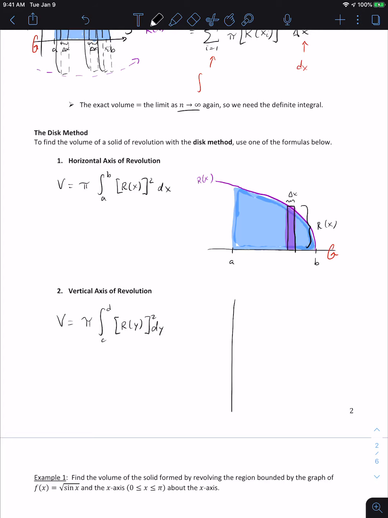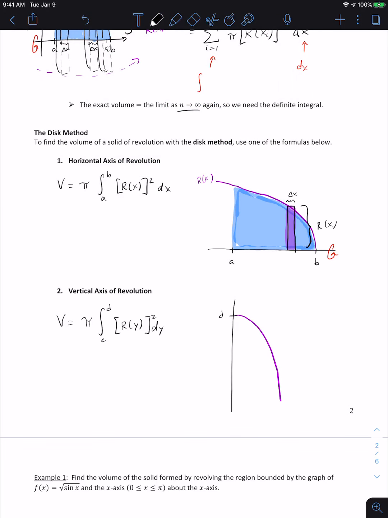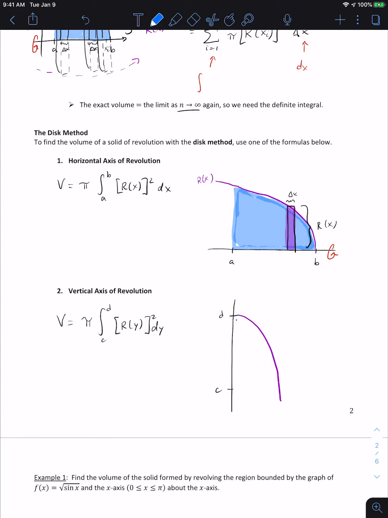Here's our axis of revolution. Let's draw our function here. Here is our ending point D. Here's our starting point C. And let's draw the area underneath here.